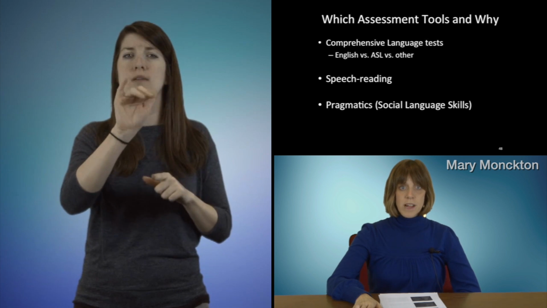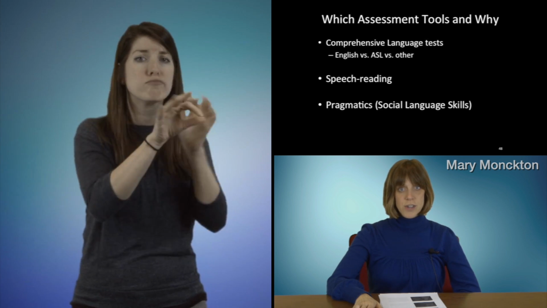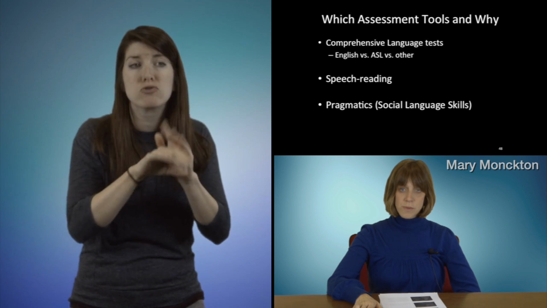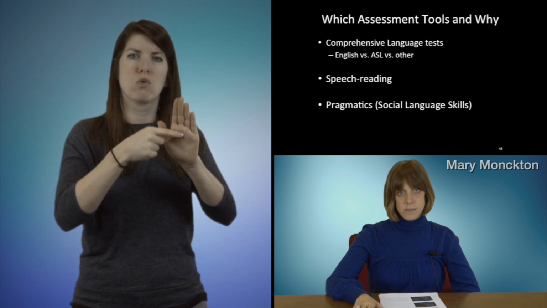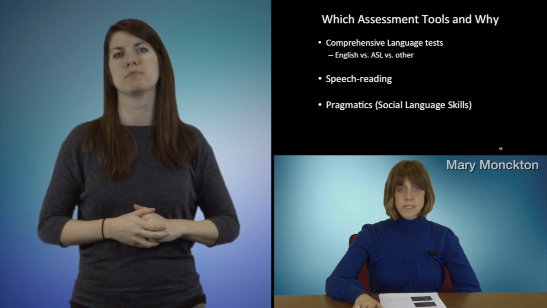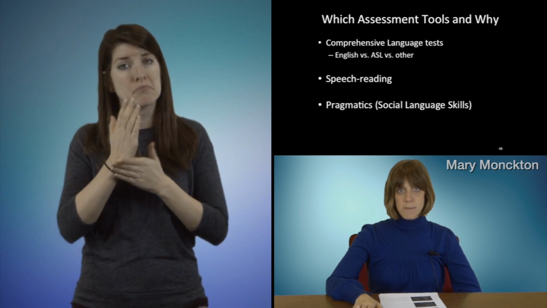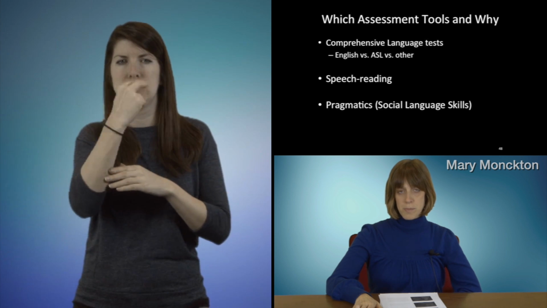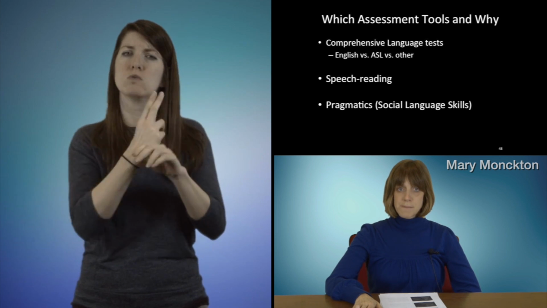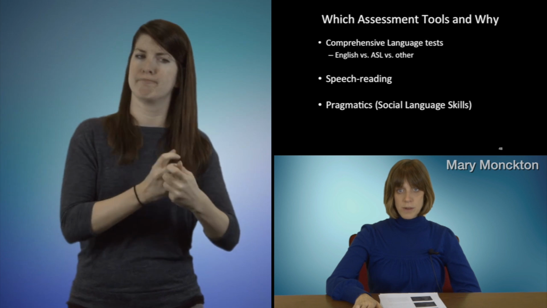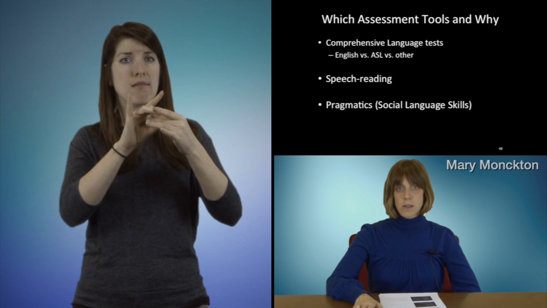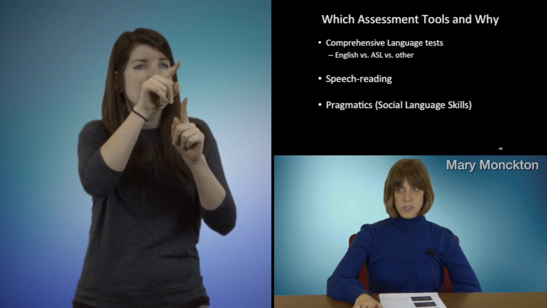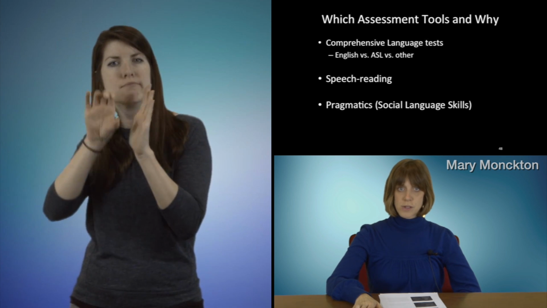It involves following directions, identifying pictures, and engaging in conversation with a child, and it is more comprehensive to assess their overall skills. There are some informal speech reading tools that may be used for children if appropriate. Typically, this may not happen at this age, but it is always an option in order to see if a child is making connections between when a person is using spoken English and if they can match that to pictures or objects.